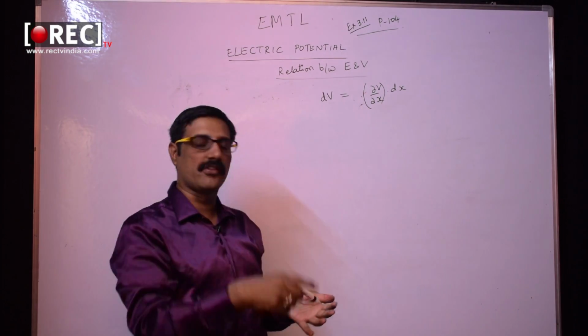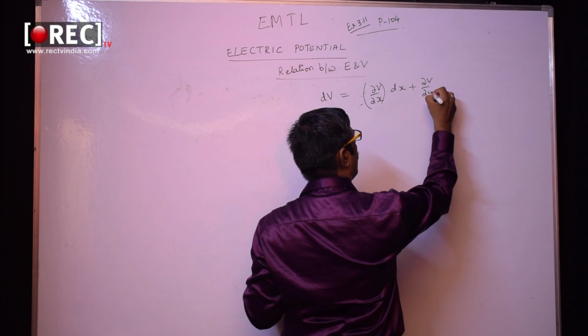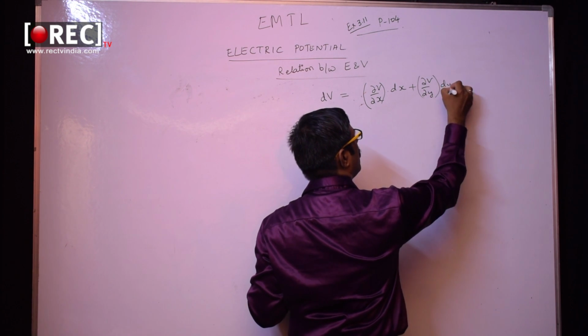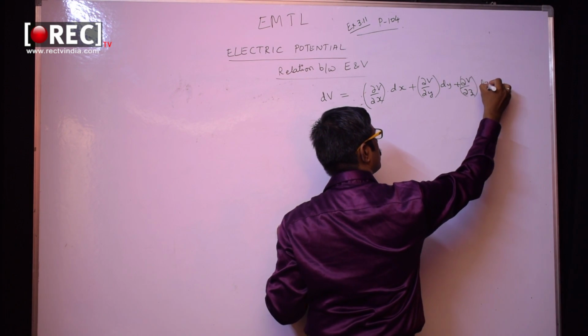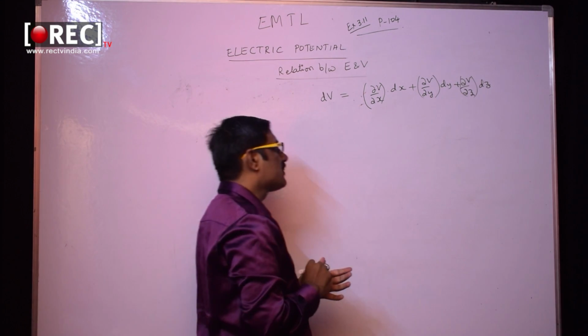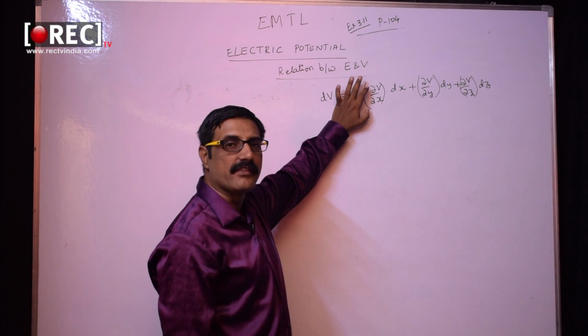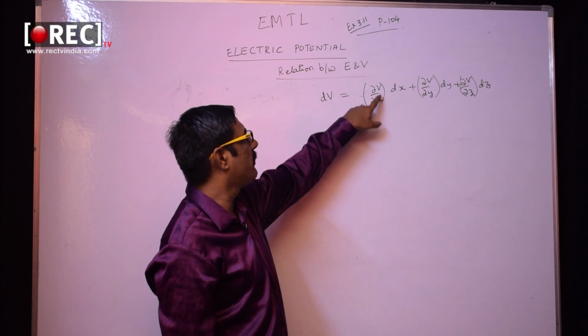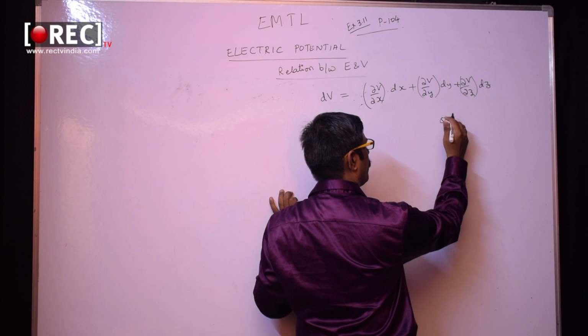Similarly, we have two more directions, that is y and z. So it is simply ∂V/∂y into dy plus ∂V/∂z into dz. Now we know that the electric field intensity is always potential per unit distance. So what is E?